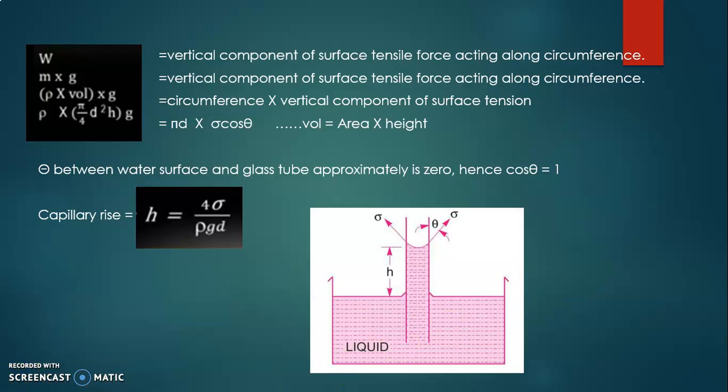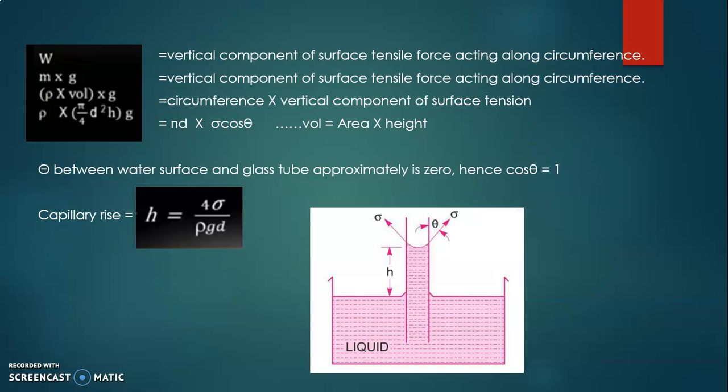Circumference of the glass tube into the vertical component of surface tension will give us the vertical component of the surface tension force acting along the circumference of the glass tube. So circumference into the vertical component of surface tension: circumference is pi d, and the vertical component is sigma cos theta.